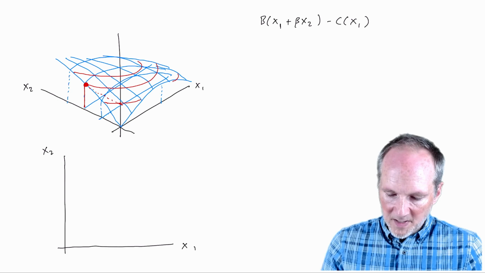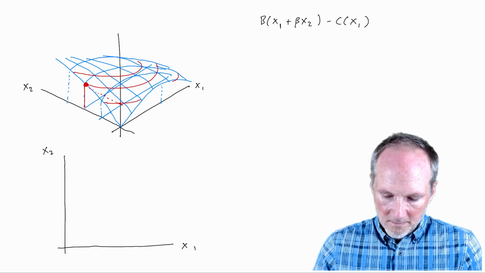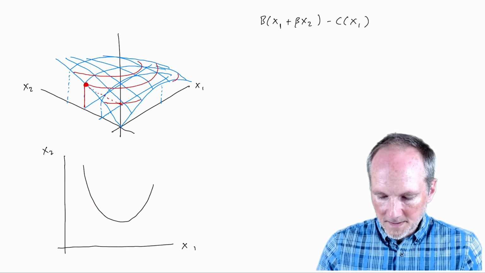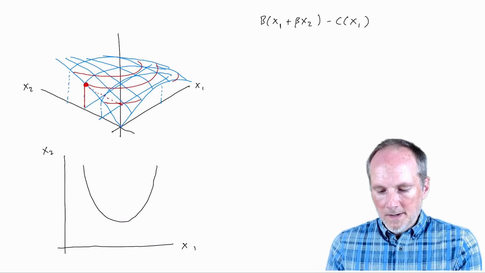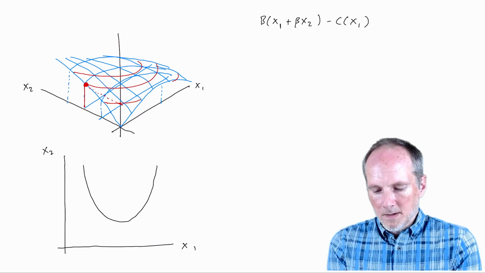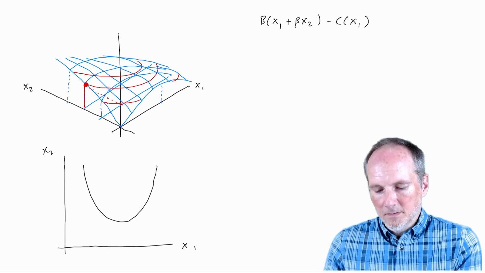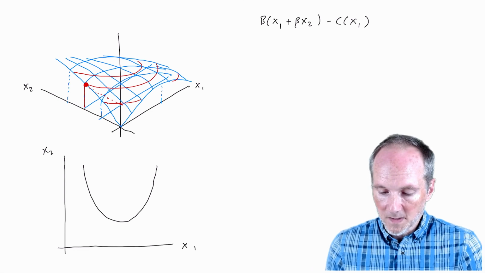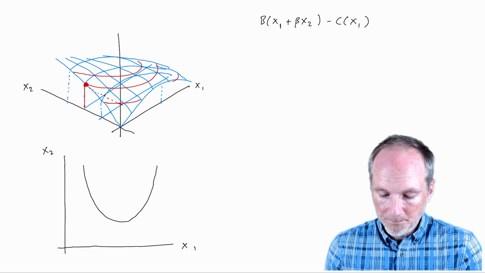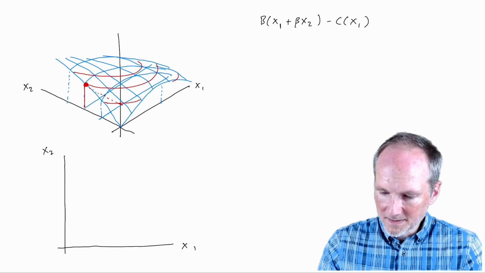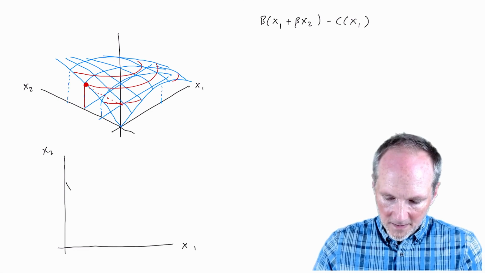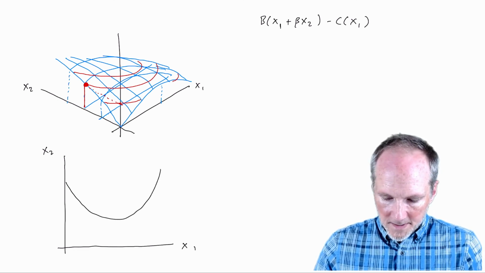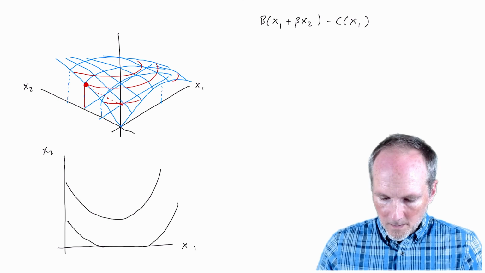And in my picture down here, those will look like this. That would be, for example, a locus of x1, x2 pairs that generate a given net benefit for person 1. That's not the great looking. Let's do it more like this. Okay.